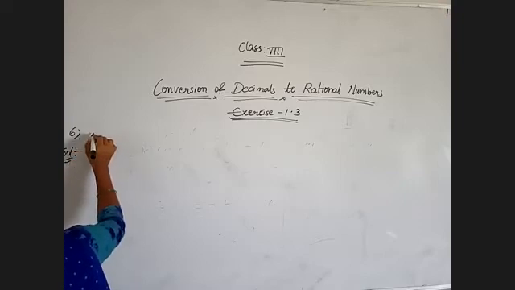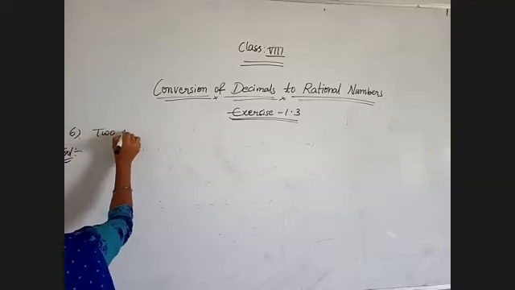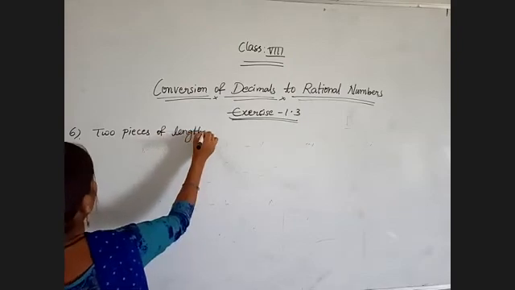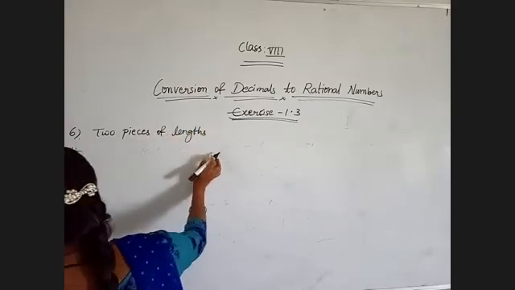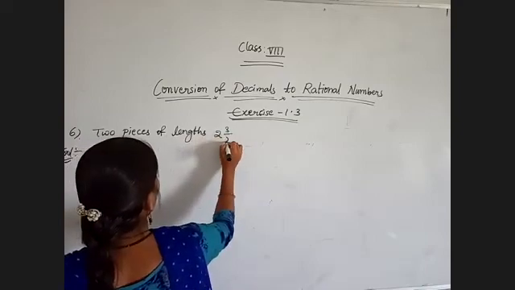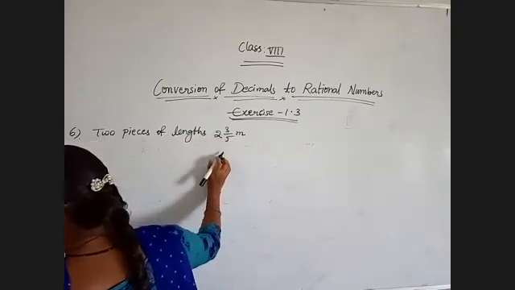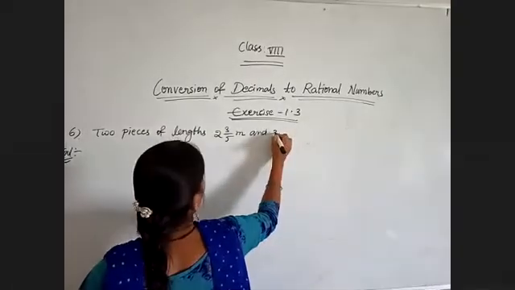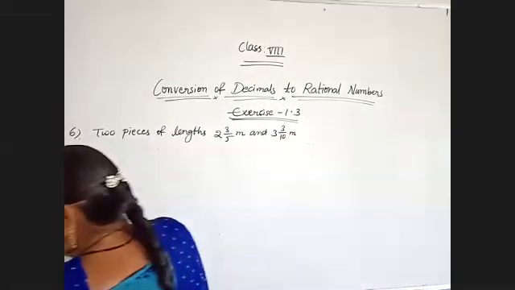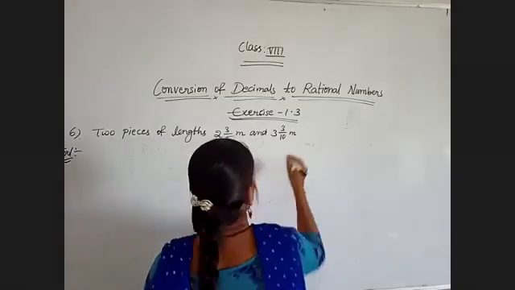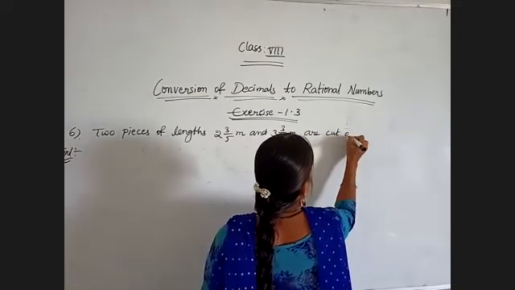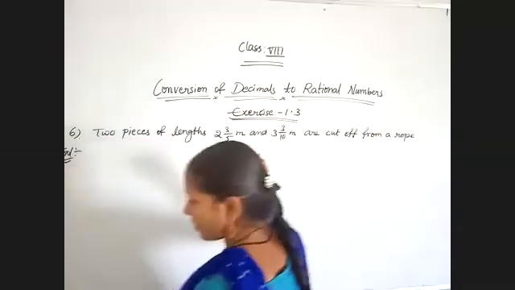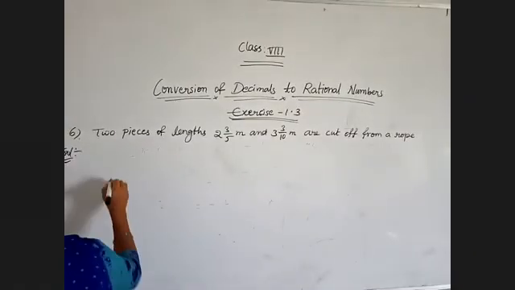Two pieces of length 2 3 by 5 meters and 3 by 10 meters are cut off from a rope 11 meters long.